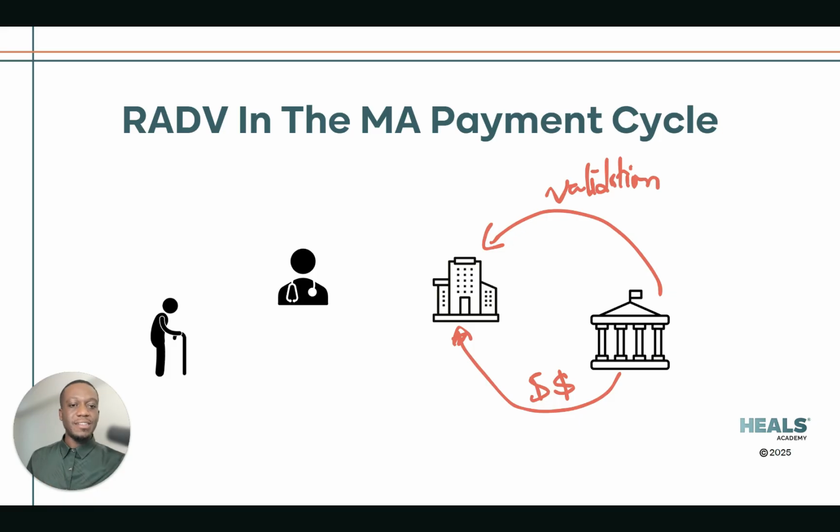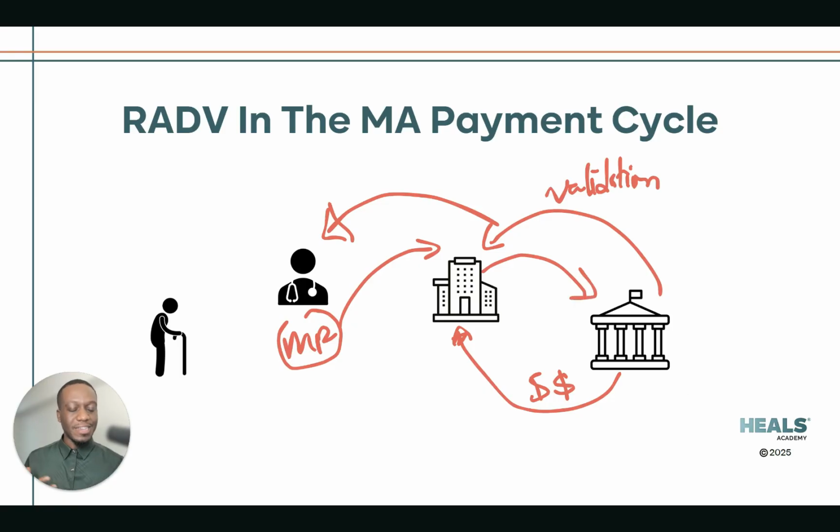And in that case, the plan now goes back to the provider to look for the medical records that supported the data that the provider sent to the plan, which the plan had sent over to CMS. And that is how that cycle goes. So CMS in this RADV process is now going back to look at medical records to validate the data from which the plan received a payment pertaining to the conditions that the beneficiary has that are documented in the medical record. And that is the payment validation process.